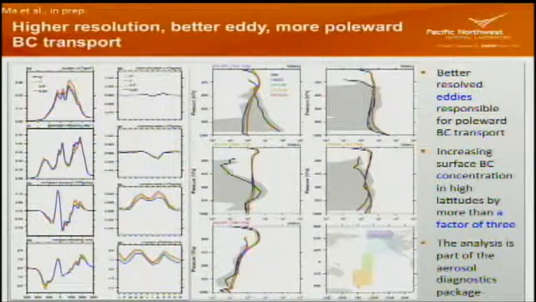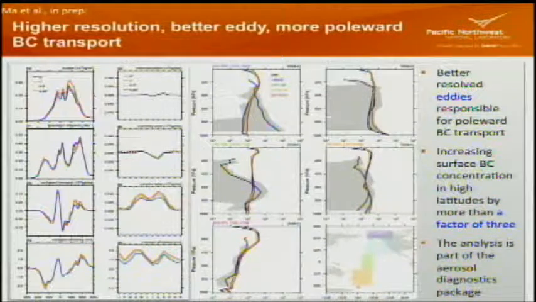And we further did a decomposition of this transport term into the mean, stationary eddy transport, and transient eddy transport, and we found that it's the transient eddy that's making the biggest difference.